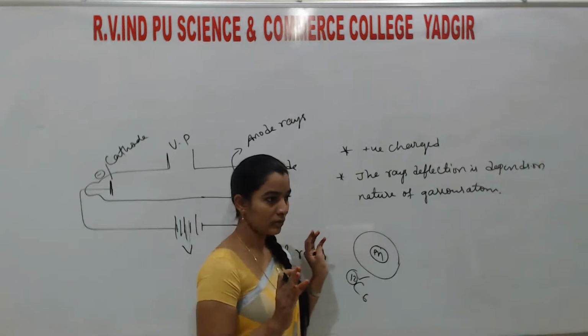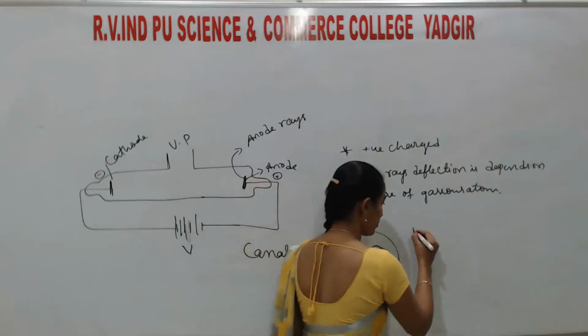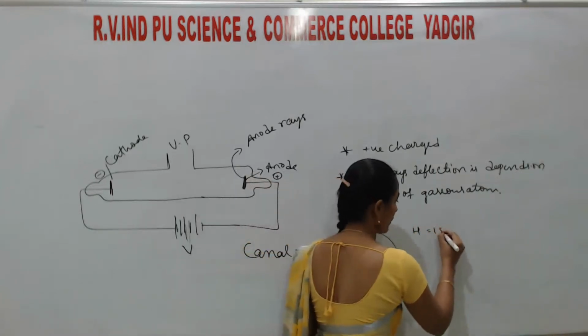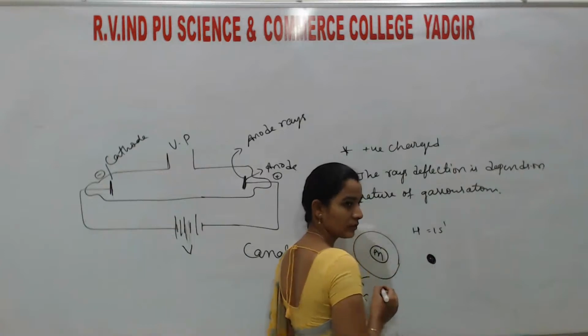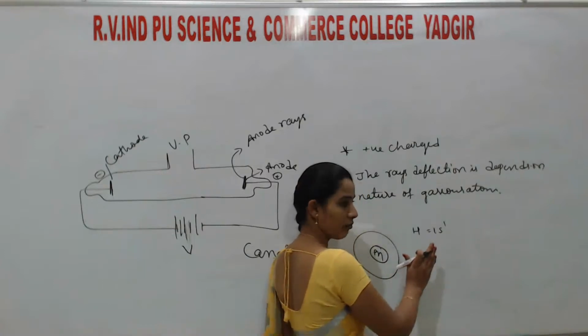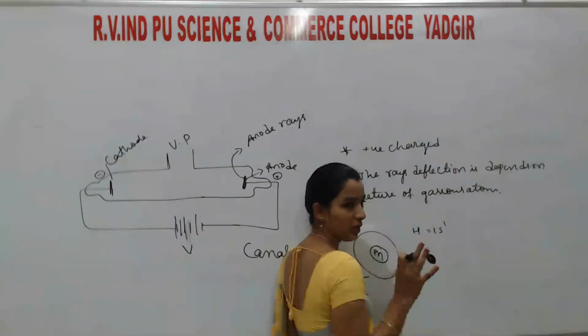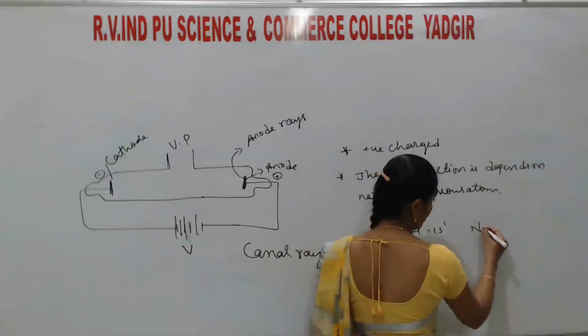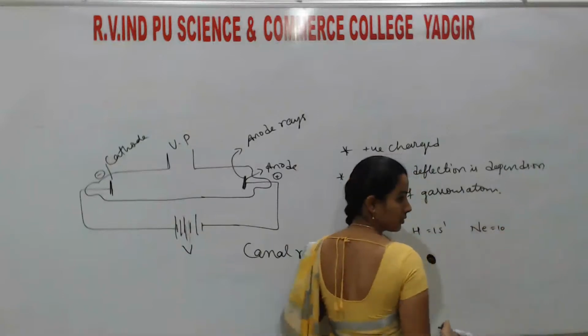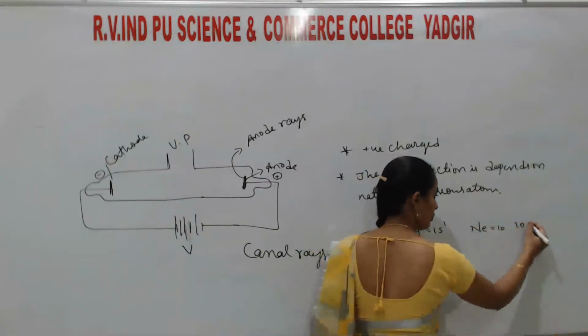Listen, for example, I take hydrogen. Hydrogen is 1s1 configuration. The nucleus is this much. Only one electron, one proton is there. There is no neutron. So it is smaller. Next, if you take neon, it has 10 electrons. Similarly, 10 protons.